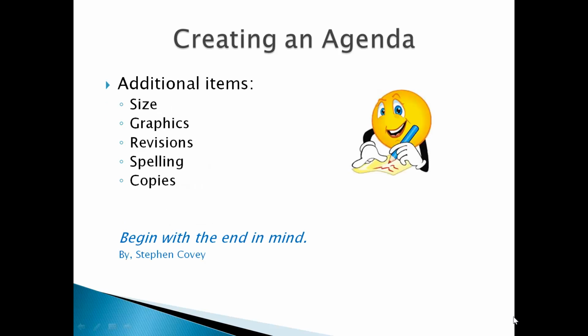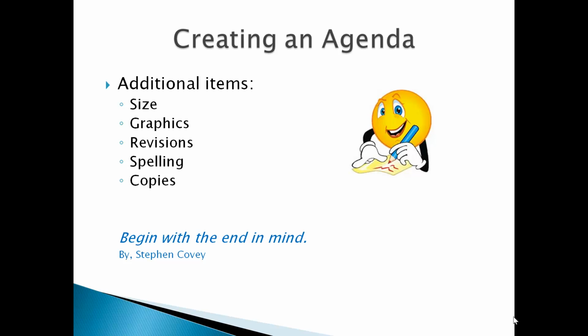Additional agenda items. Regarding size, make sure to use a professional font such as Times New Roman, avoid script fonts, and keep text size between 8 and 12 point, no larger than 12 point. Optional graphics can enhance the look of an agenda, such as a business graphic, or if the meeting has a theme.